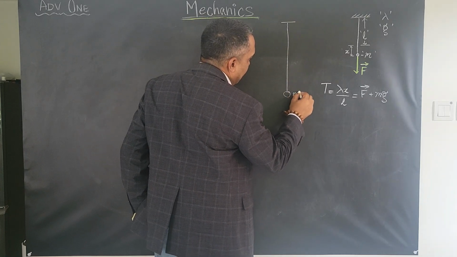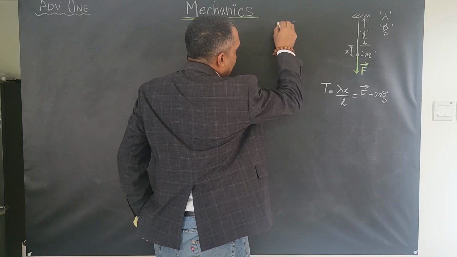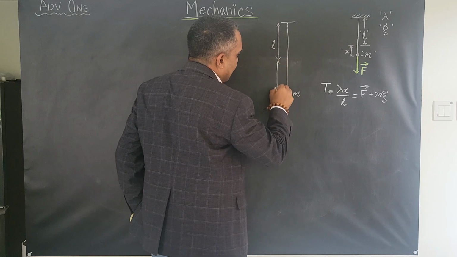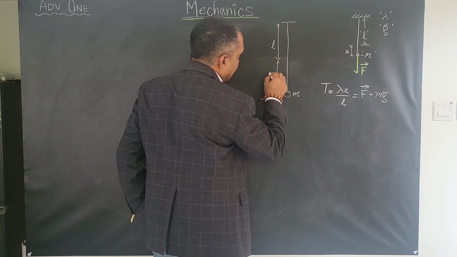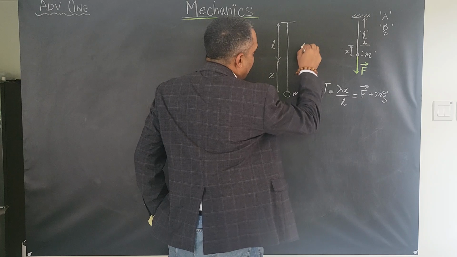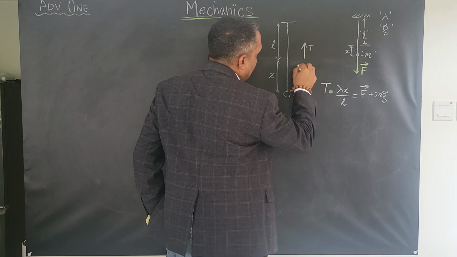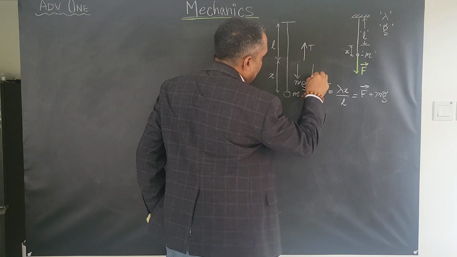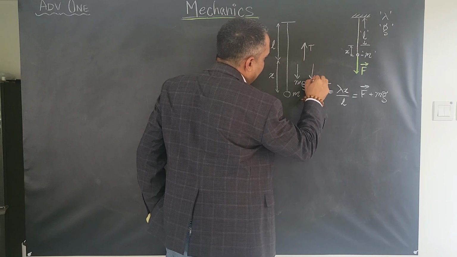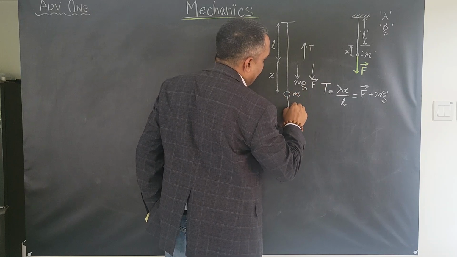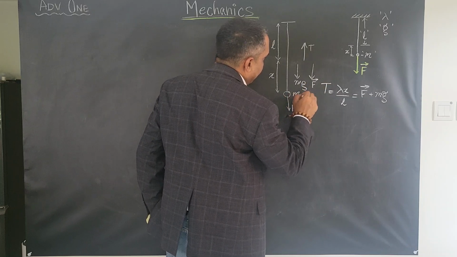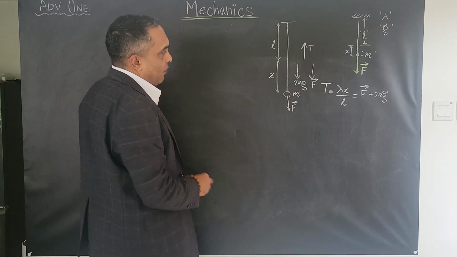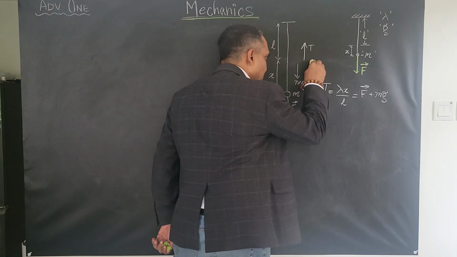Mass m, natural length L, an extension x, with a balance of force of T and mg and F, with F applied here. At that very instant when F disappears, I'm just going to take F away.